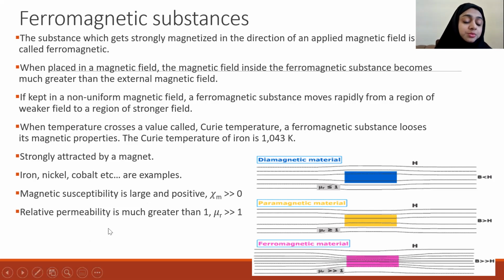And the relative permeability is also much greater than 1. So, ferromagnetic substances have properties similar to paramagnetic substances but a little stronger. So their magnetic properties are much more evident than paramagnetic substances, and usually we refer to ferromagnetic substances as magnetic.